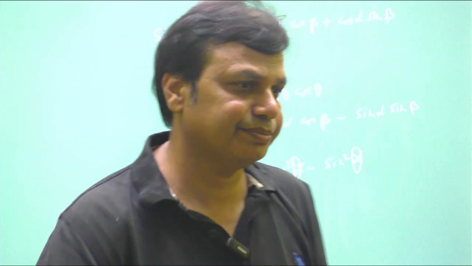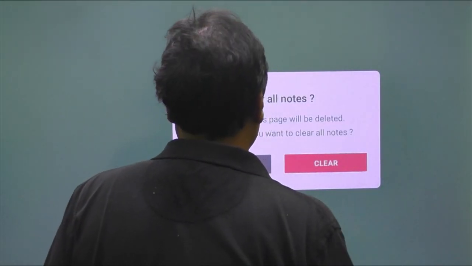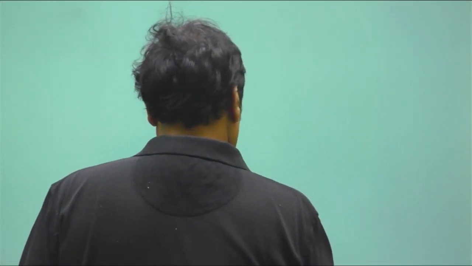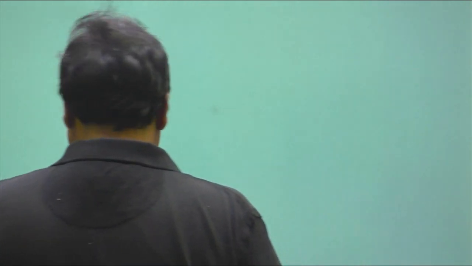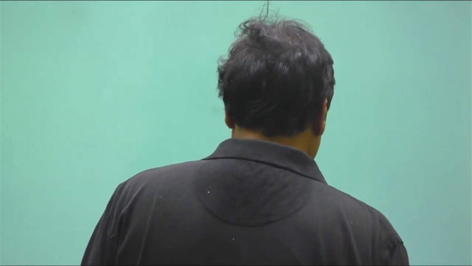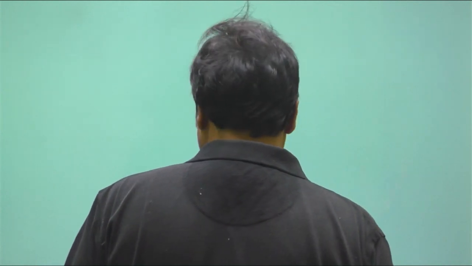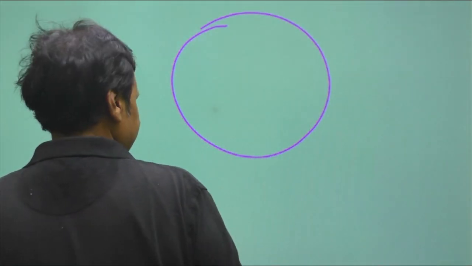Let me draw a circle for you. A round circle. Where is the picture diagram? What happened? The symbol is missing. But let me draw a circle.